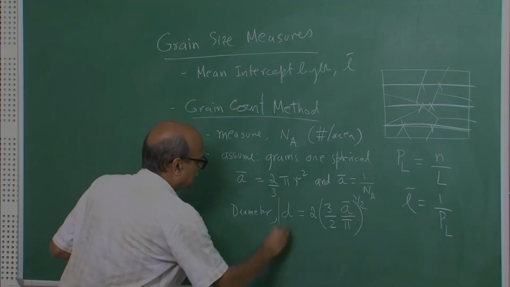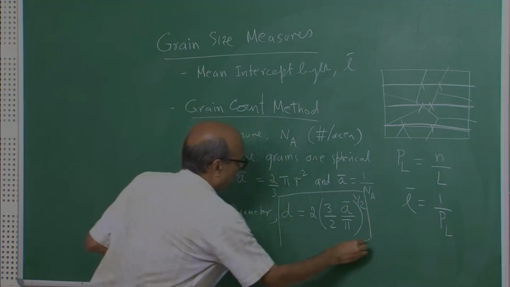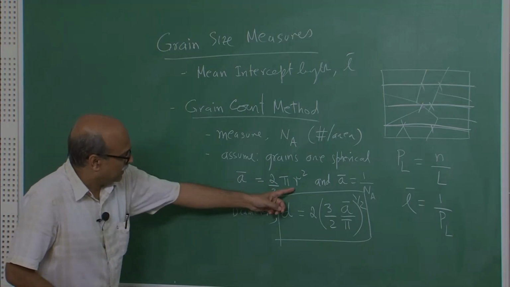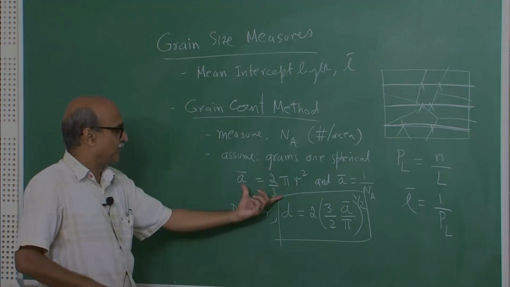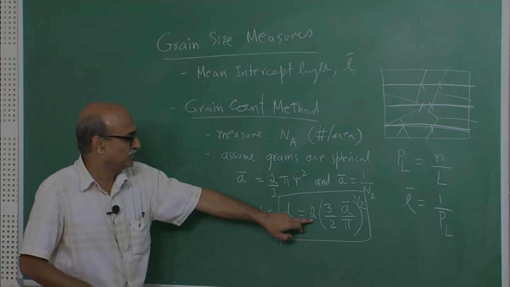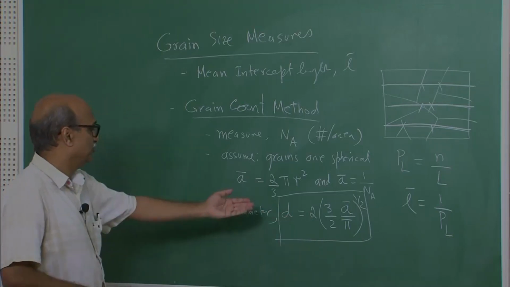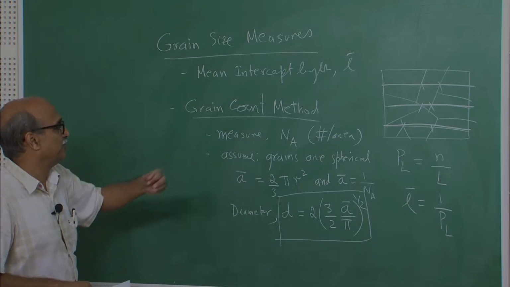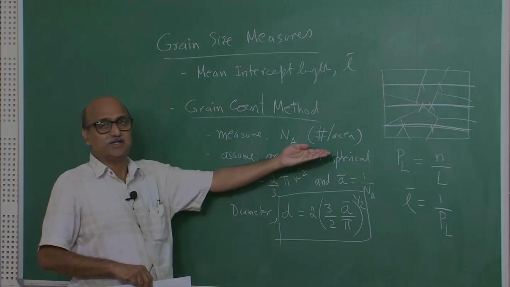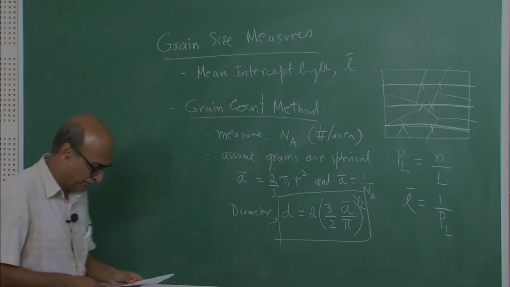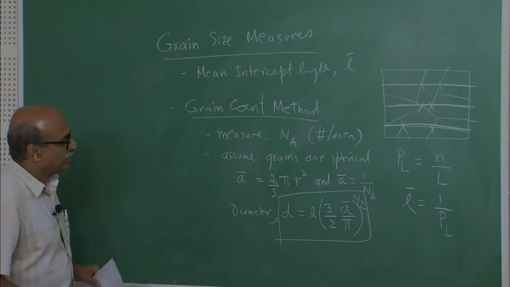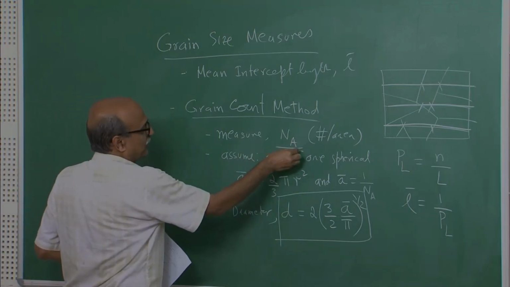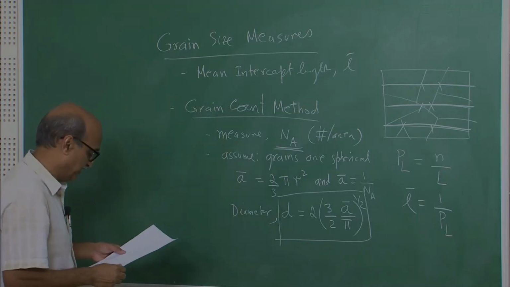And this simple relationship for the grain diameter is coming right from here. I essentially get the radius from here, multiplied by 2, this factor 2 gives me an estimate of the average diameter of the grains, if we can assume that the grains are spherical in 3 dimensions. So, now I am able to relate the diameter to the experimental measure of number of grains per unit area.